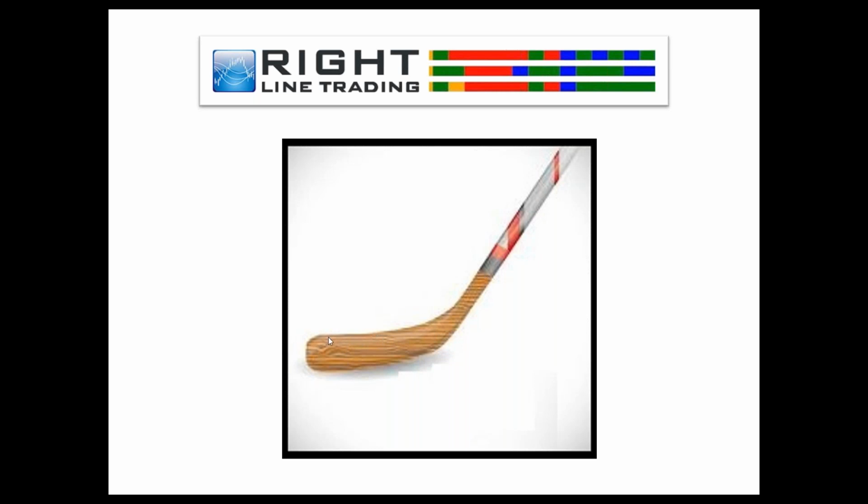We want to create this hockey stick type of formation, and you're going to see that this tells us an enormous amount about how the option behaves. We're going to go over this relationship in tremendous detail, because every option strategy that you create should have this type of curve.